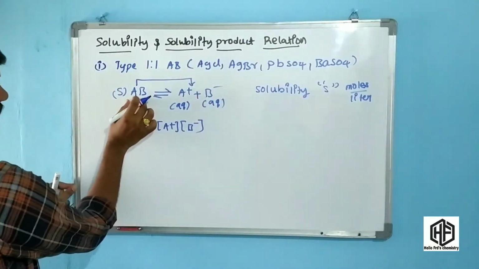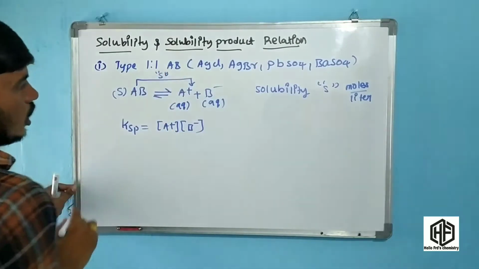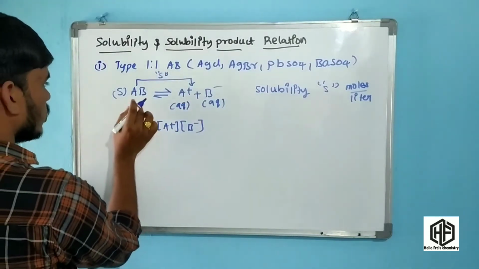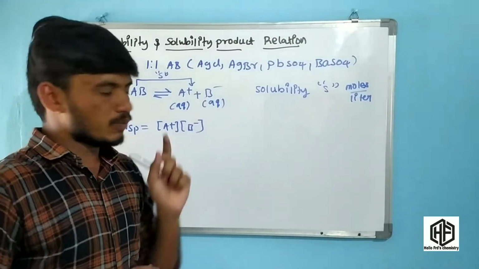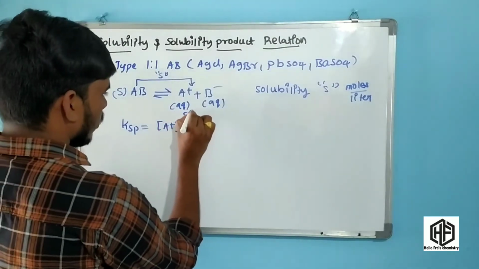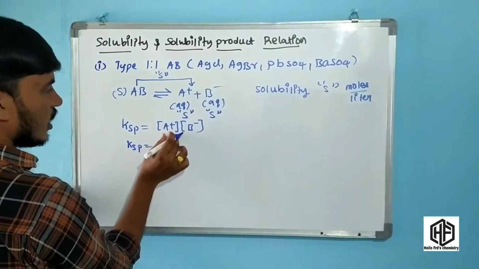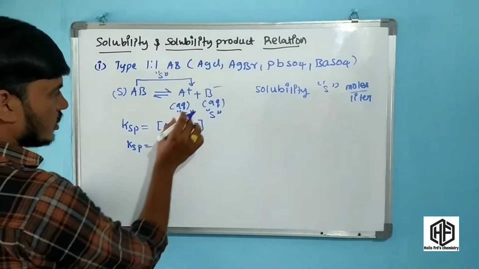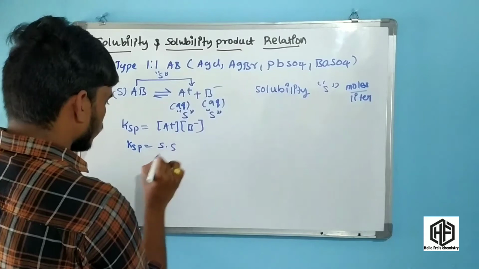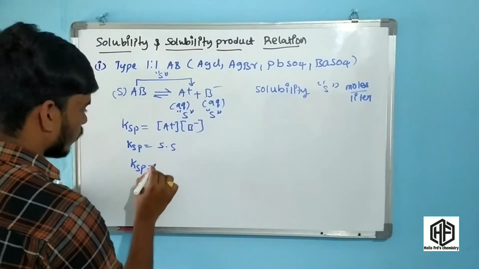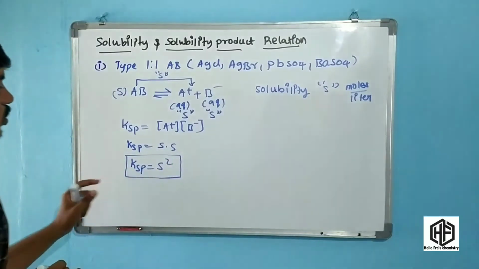So S moles of A plus and S moles of B minus are present. Now Ksp is equal to the concentration of A plus times the concentration of B minus, which is S times S. So Ksp is equal to S squared. The solubility product is equal to S squared.